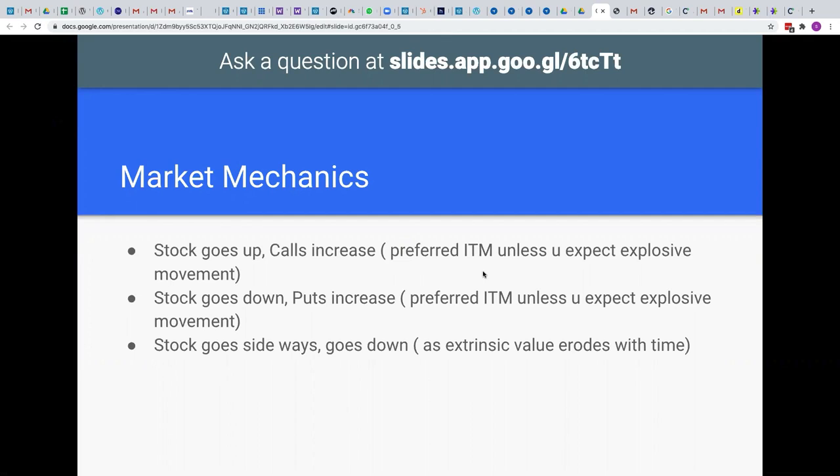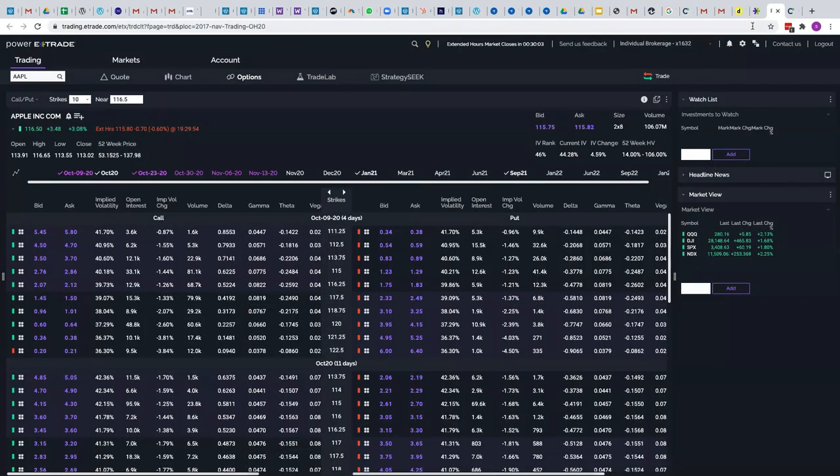Delta is nothing but how much an option price moves. Again, we'll do this in more detail in Option Greeks, but I just wanted to introduce it to you. Delta is the amount an option can move for every dollar move in a stock. And as it becomes deep in the money, there is another Greek called gamma, which is the amount the delta changes. Let's look at this example, guys. If you have 115, this is in the money, and look at this delta.